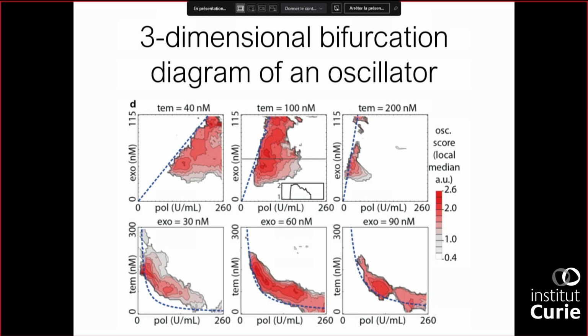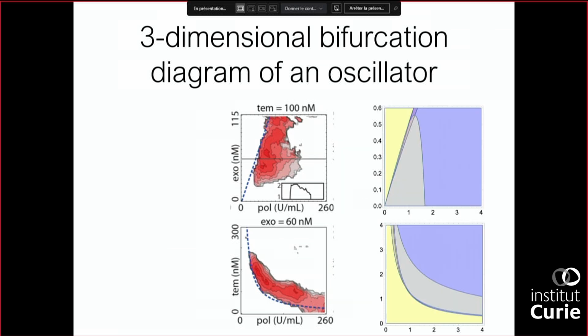And indeed, we extract the fact that oscillations are observed in this area, which is bordered by the expected Hopf bifurcation that you can obtain from bifurcation analysis of this system. We'll not go into the detail, but this is an experimental bifurcation diagram of the system showing the different types of behavior that you can obtain from this single system by modifying its control parameters.